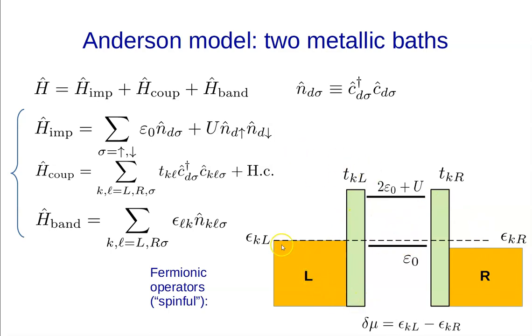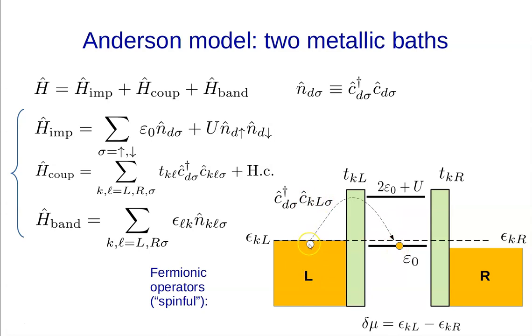If I have this small imbalance, it means that in a situation like this, when the dot is empty and the dot level lies between the chemical potential in the left and the chemical potential in the right, I might be able to favor a process like this, where an electron is created in the dot, in the impurity, and destroyed in the left lead.